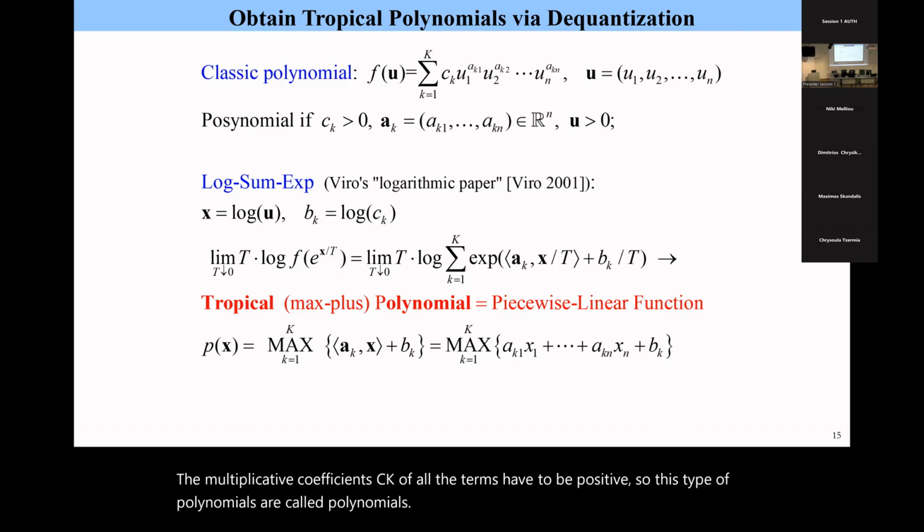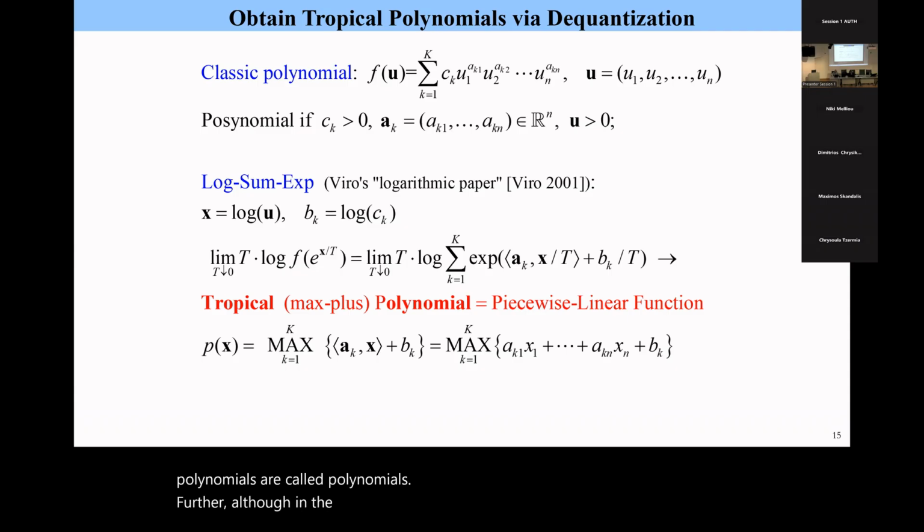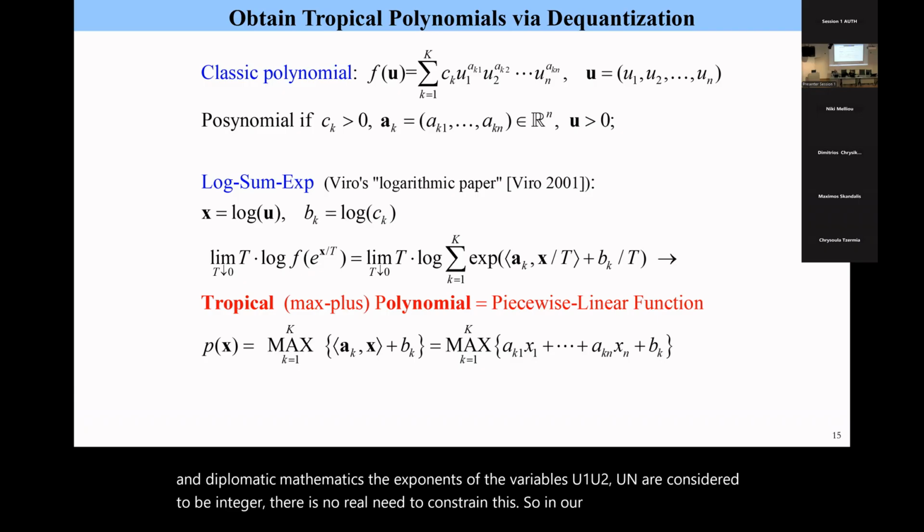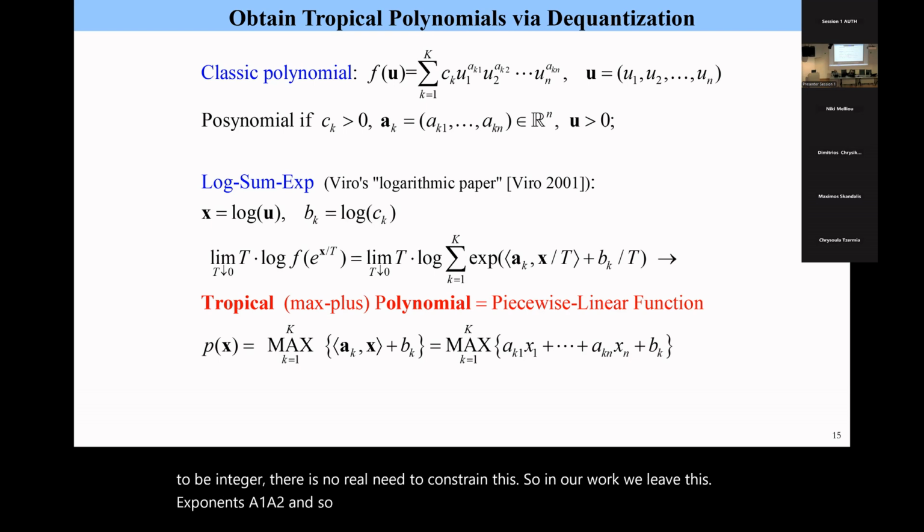Further, although in most of the tropical geometry literature and idempotent mathematics, the exponents of the variables u1, u2, un are considered to be integer, there is no real need to constrain this. So in our work, we leave these exponents, a1, a2, and so on, free to be real numbers.